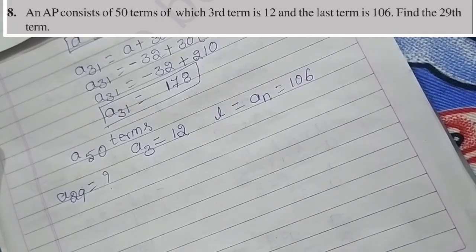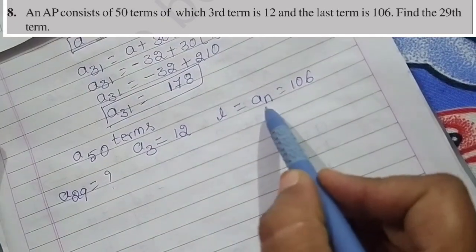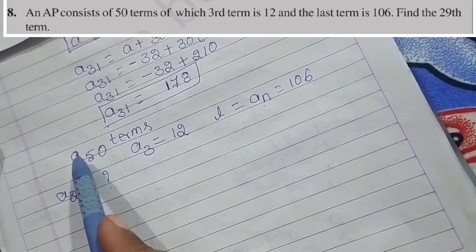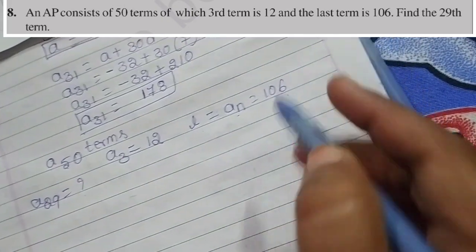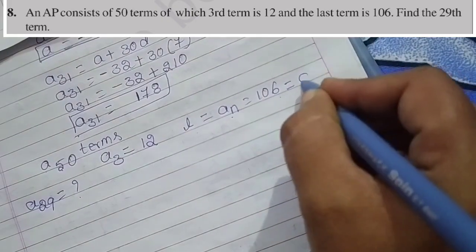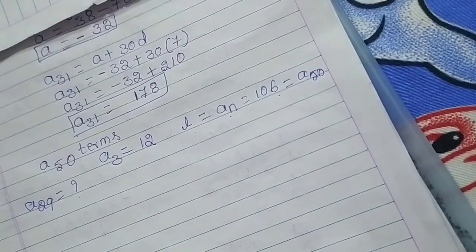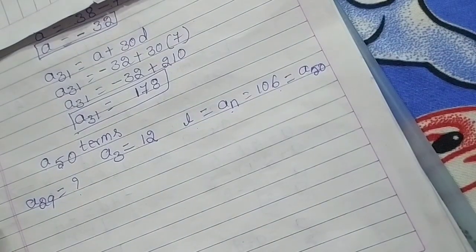Here the last term is 106, and there are 50 terms, so it will become A50. A50 is equal to 106. Yes, we can write that.